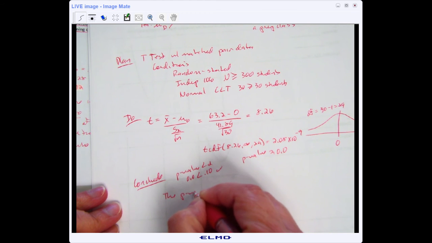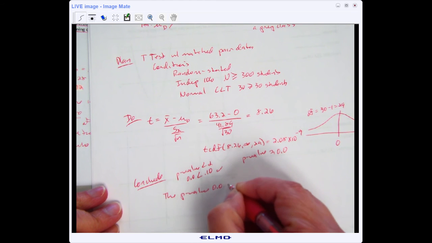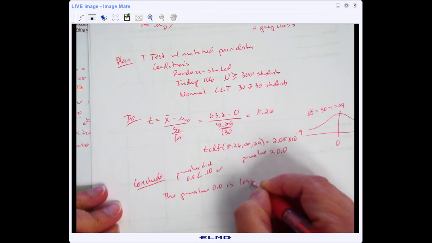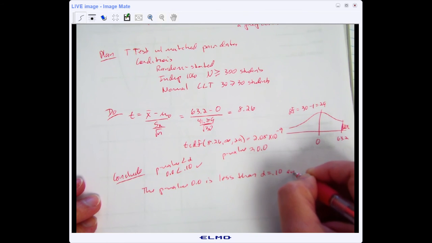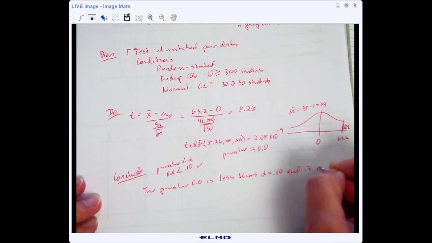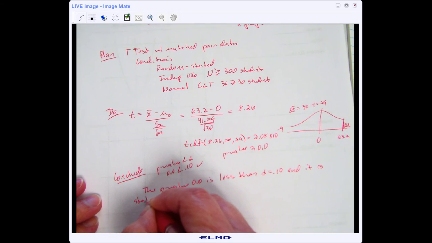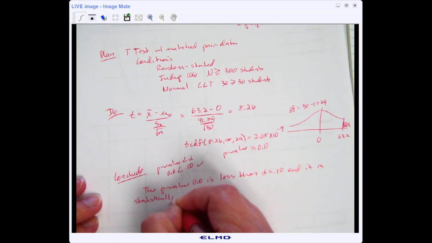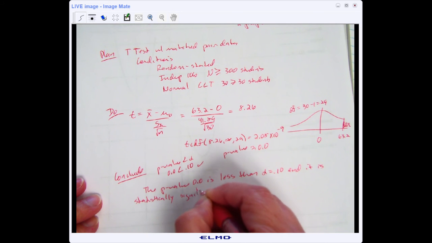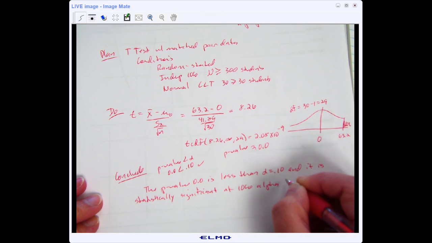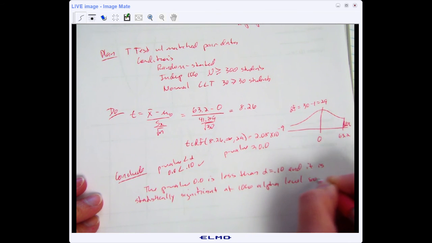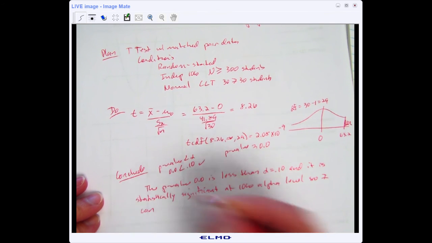The p-value is less than my alpha, and it is statistically significant at the 10% alpha level. So I can reject the H0.